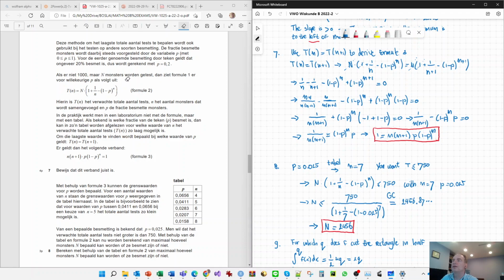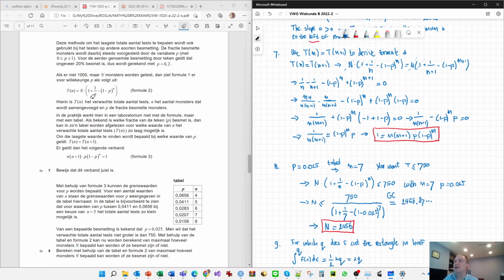But they say, given the equation, if n is the number of samples, and p is a fraction of samples that are contaminated by the disease being tested. Again, it's not really necessary to understand all that.